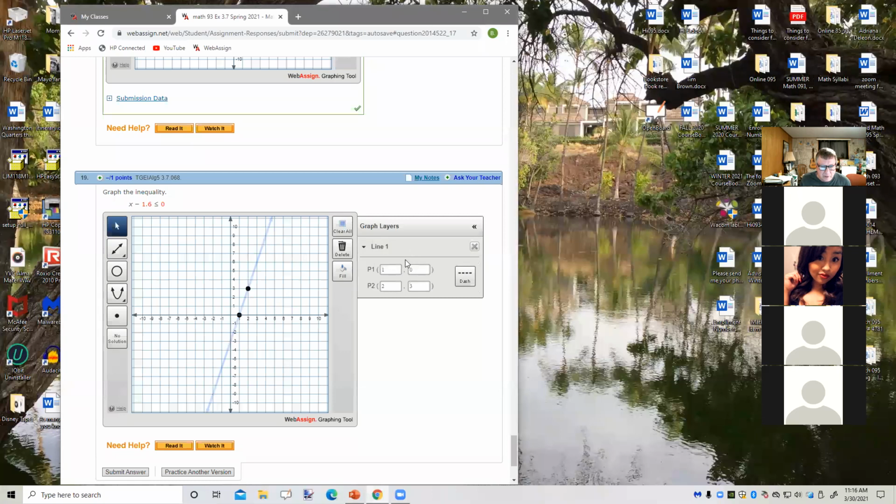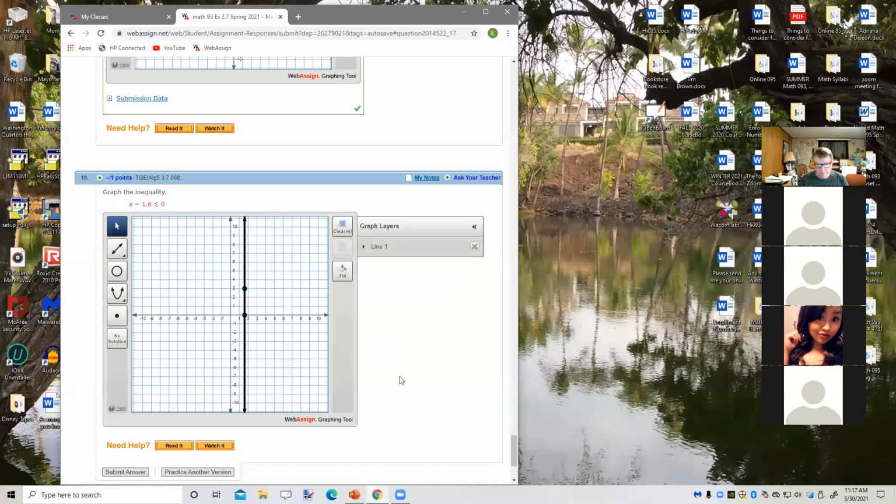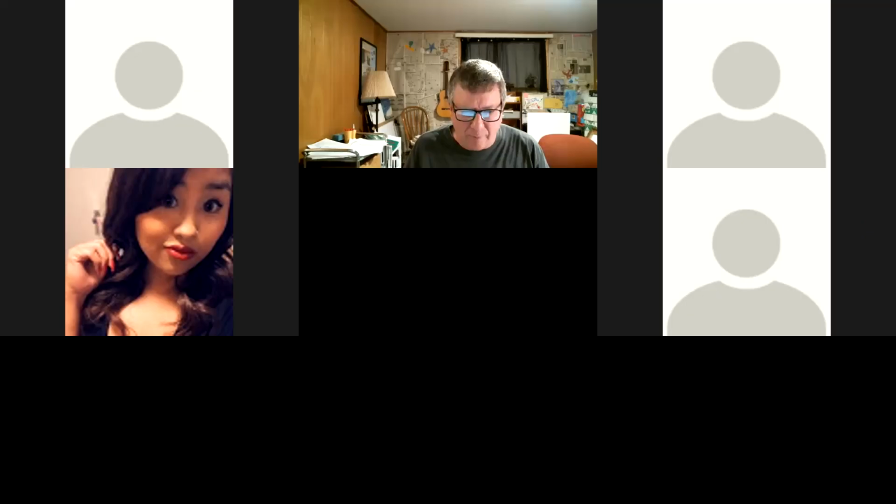But I can come over here. x is 1.6, and y is 0. That's the first point. Here, x is 1.6 and y is 3. So that's how I'm going to get my 1.6 by using this over here. Is this going to be solid or dotted? Solid. Good.